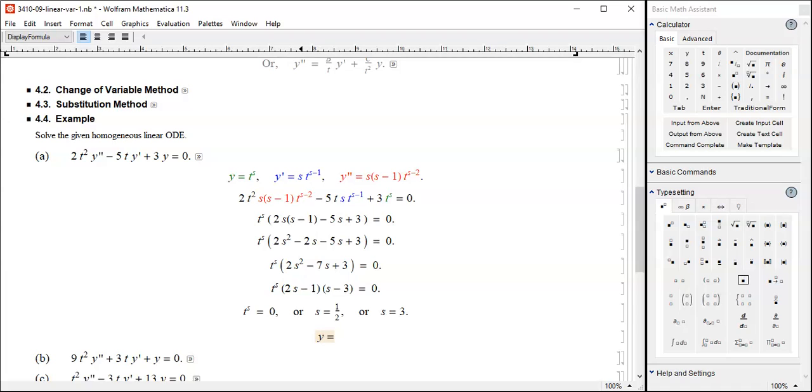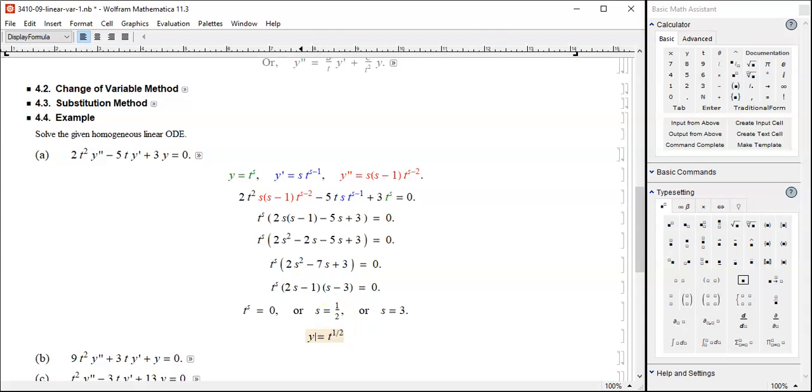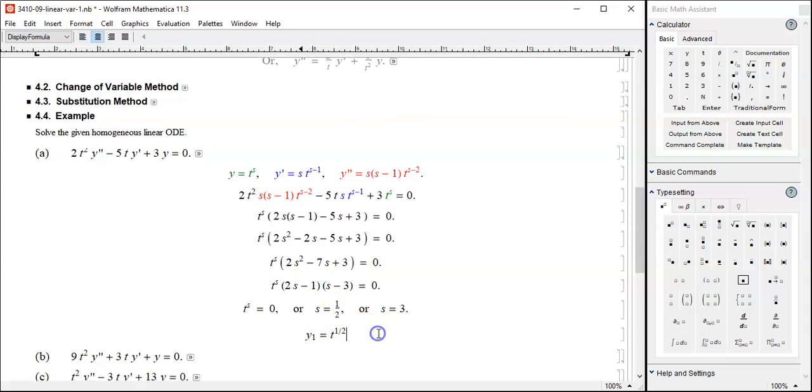y is t to the s power, but s is 1/2. Here's one solution. y2 is t to the s power, but the s value is 3. So there's another solution.